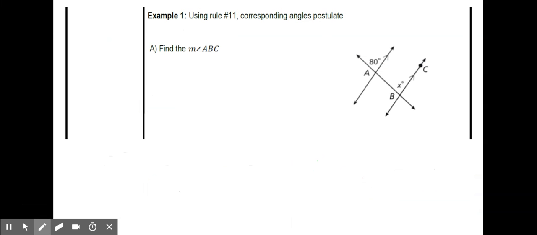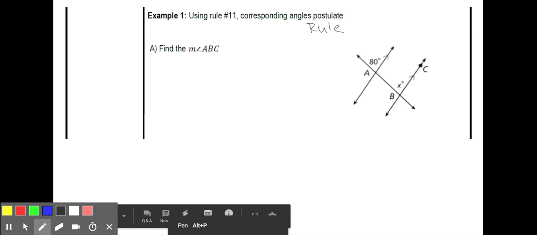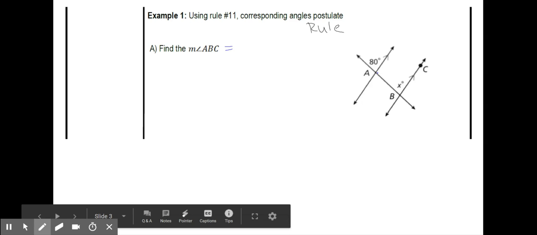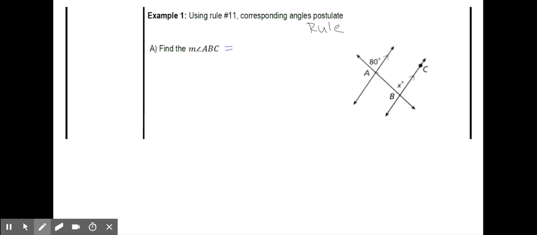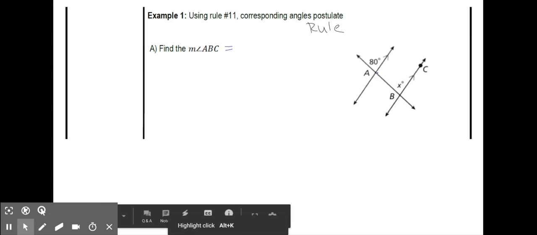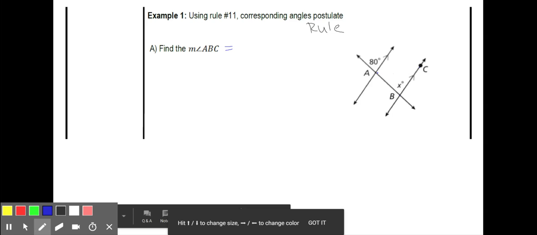Let's practice. So using rule number 11, our corresponding angle rule, we know that matching corners are congruent. So let's find the measure of angle ABC. The measure of angle ABC is noted here as an x value. We need to find what x equals.